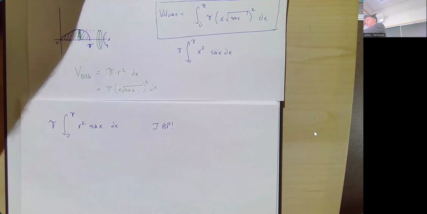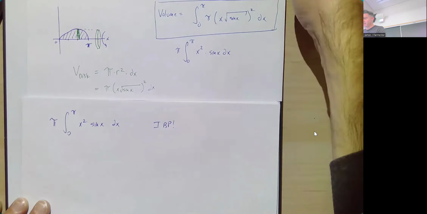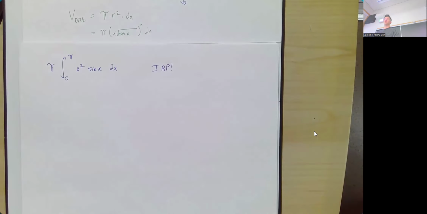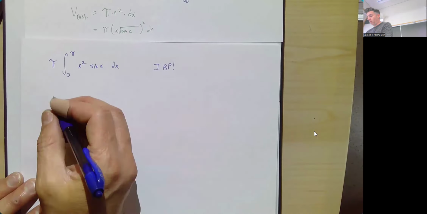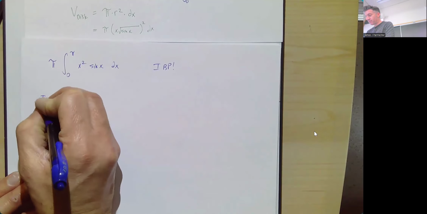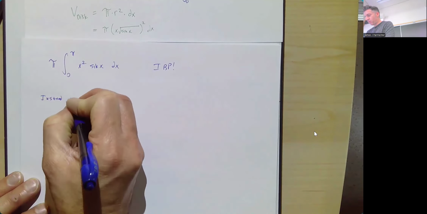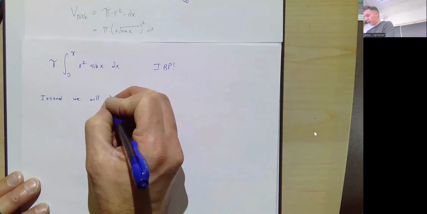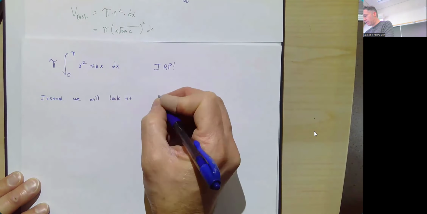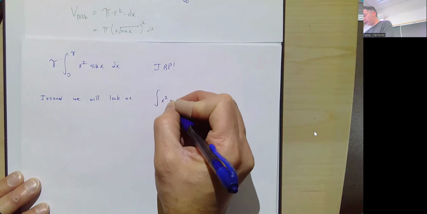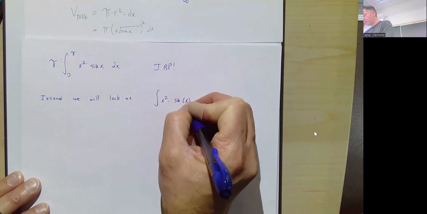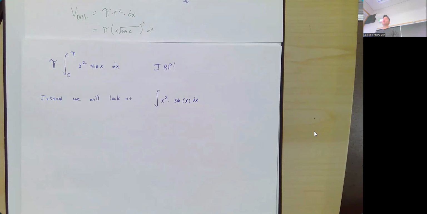We're gonna do it the somewhat nicer way. So we're just gonna instead start with, or look at, just the indefinite integral of x squared times sine of x, and then we'll adjust at the end.